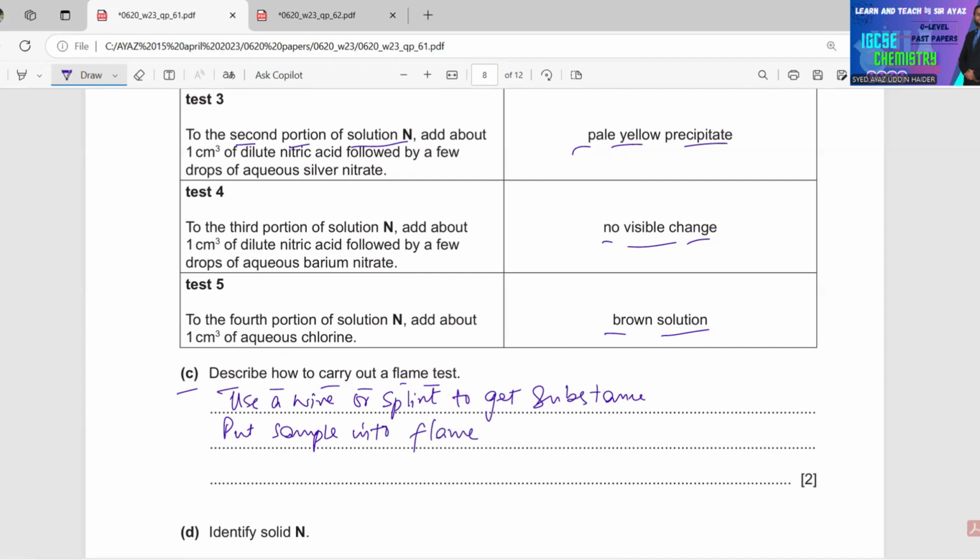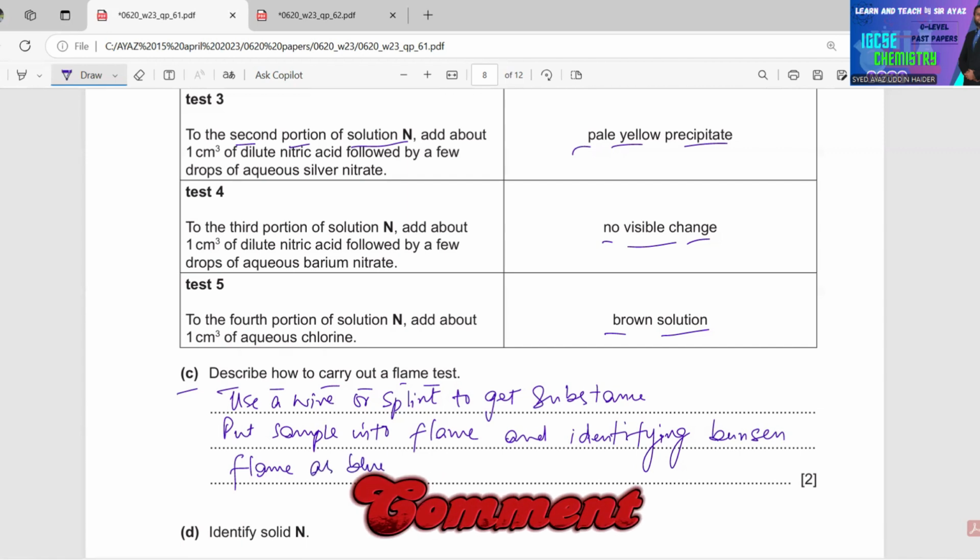And identify. Bunsen flame, as blue or non-luminous, should be hot.